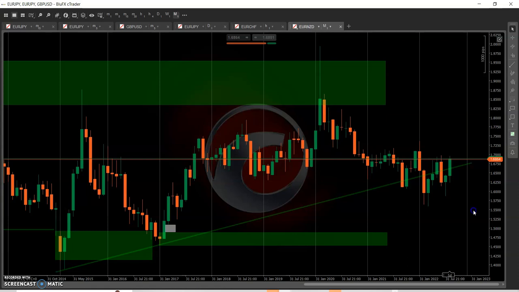So that's liquidity, trendline liquidity taken. So when price takes out trendline liquidity, the next point is coming to its trendline liquidity.